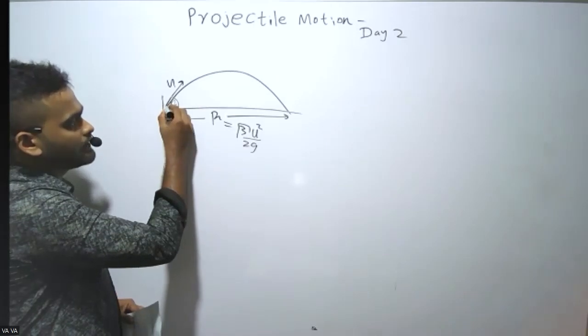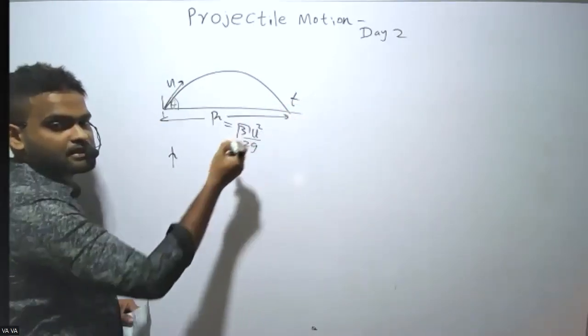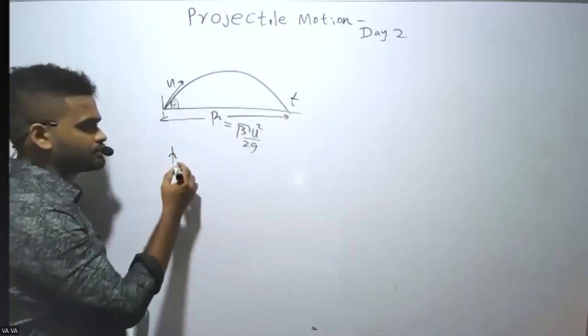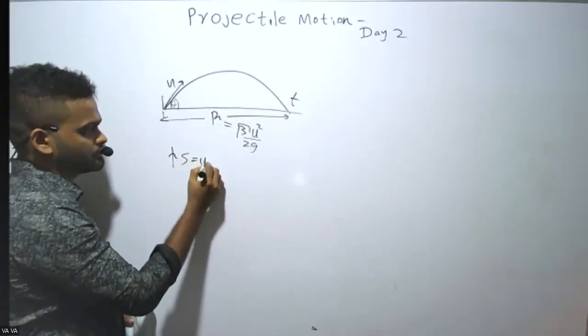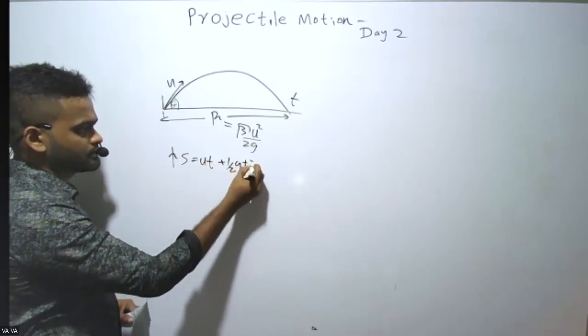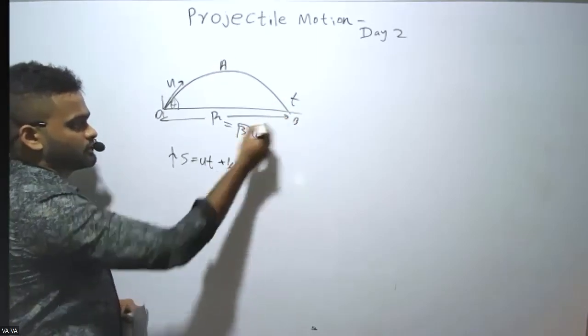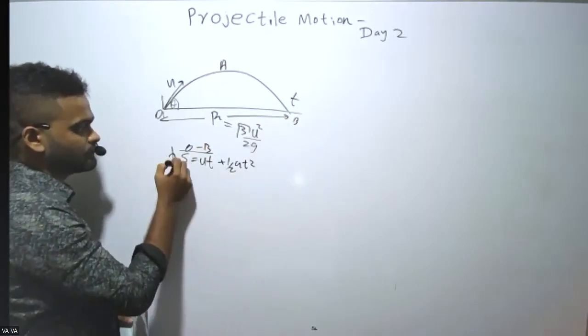First, I will find the flying time. Let's say that time is t for the whole motion. To find the flying time, this is the equation we used. I'm applying the equation from O to B vertically.